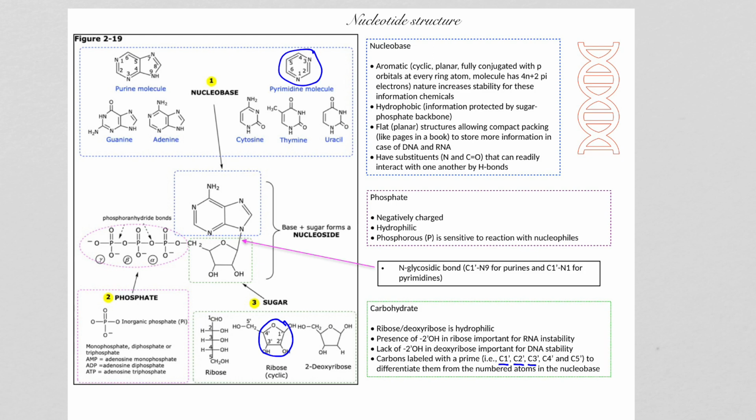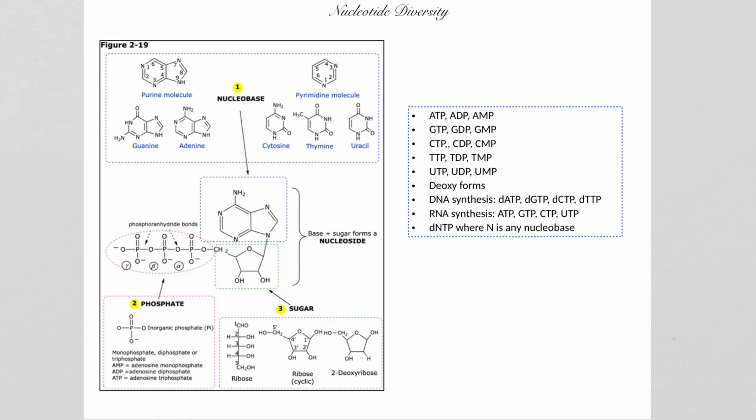So whenever you see a prime, let's say 3 prime, we are always talking about the sugar and not the nucleobase. So since we have 5 different nucleobases and 2 different sugars, ribose and deoxyribose, and you could have 1, 2, or 3 phosphates attached, we have a diversity of nucleotides.